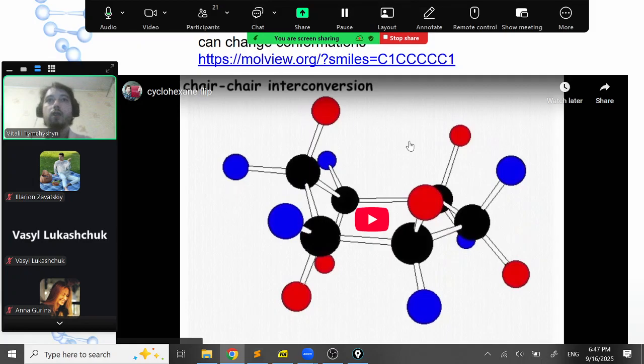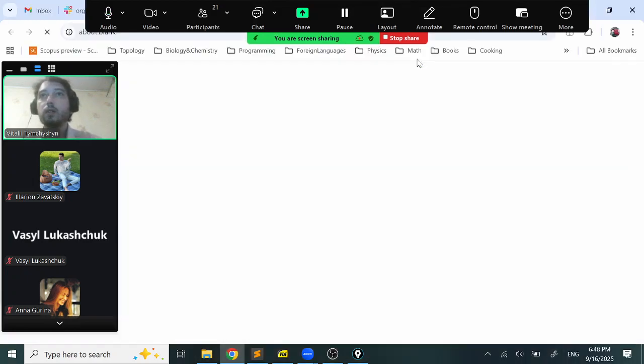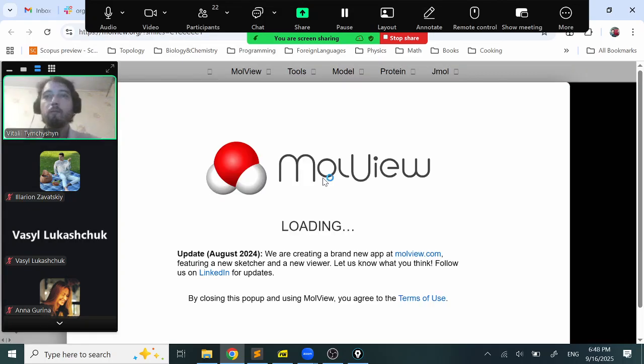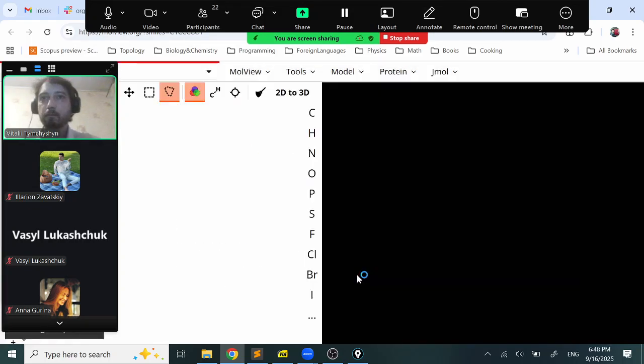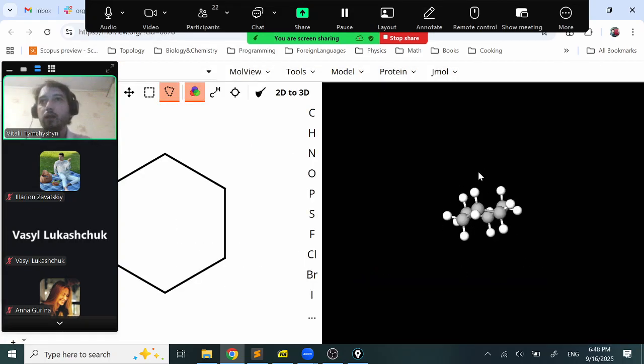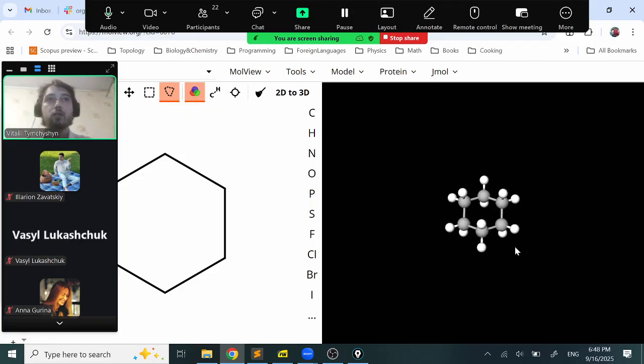And here I have for you an interesting thing, and I even have a 3D model, which is great. So this is the chemical called cyclohexane.